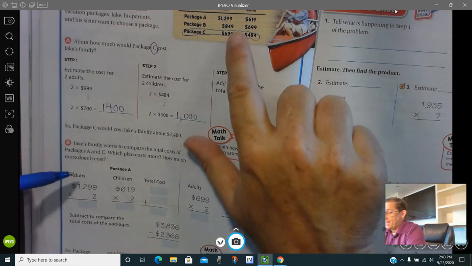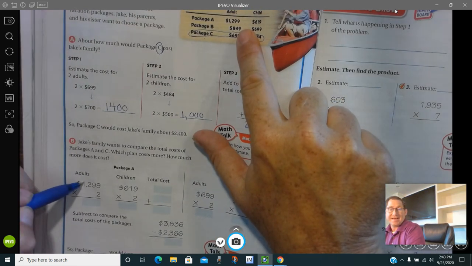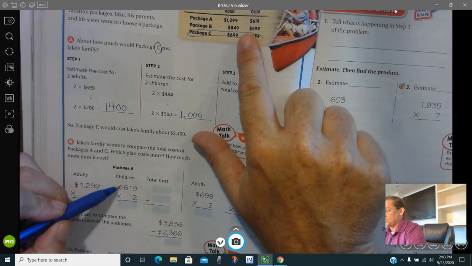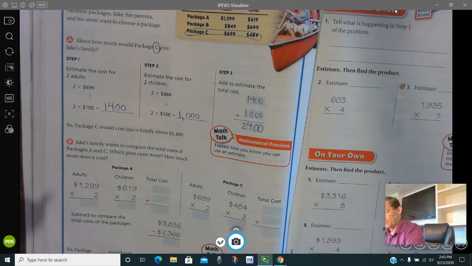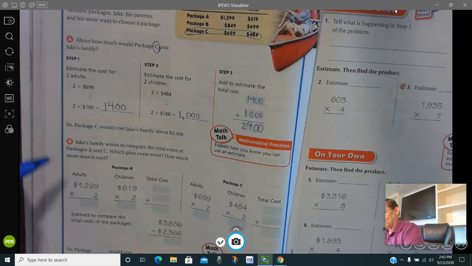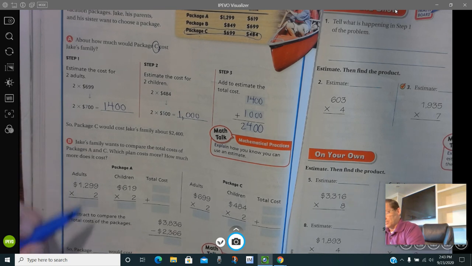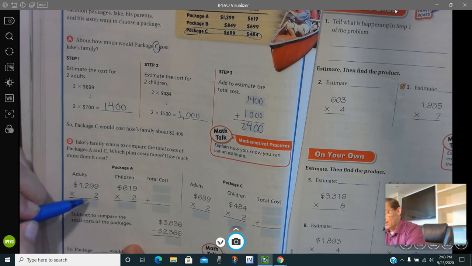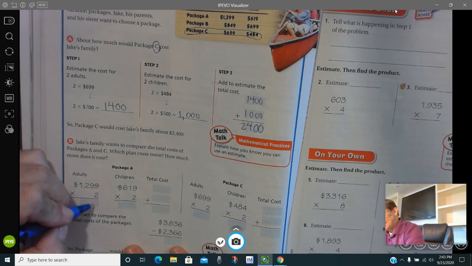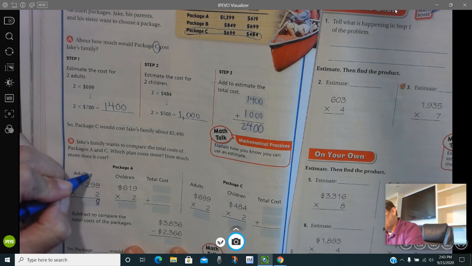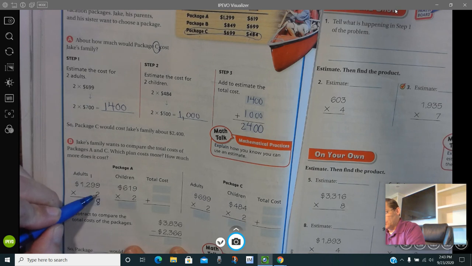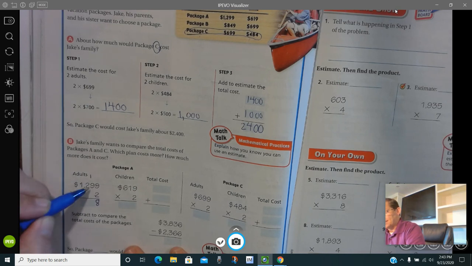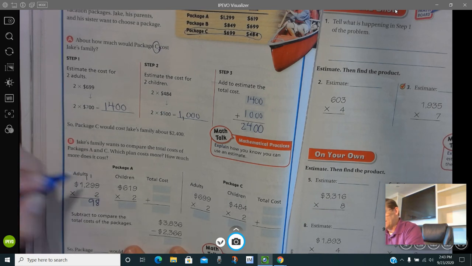So in package A, we see that the adults are $1,299 and the children are $619. So we're going to actually multiply this out. So 2 times 9 ones is 18 ones. 2 times 9 tens is 18 tens, plus one more is 19 tens.